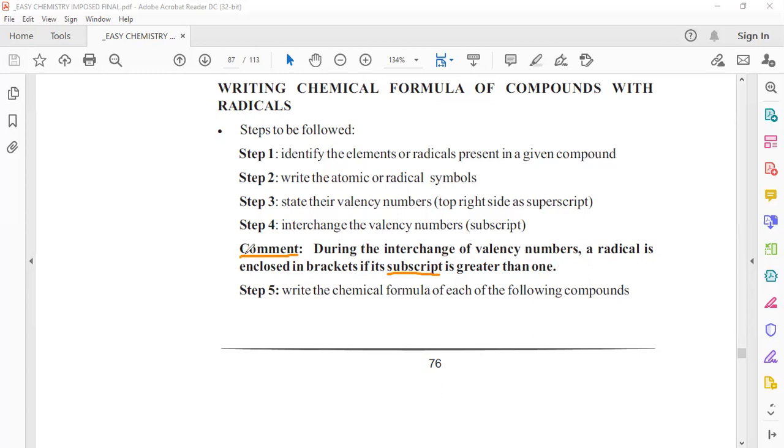Let me give an example. If this is A and this is B, and B is a radical, then A is just an independent element.